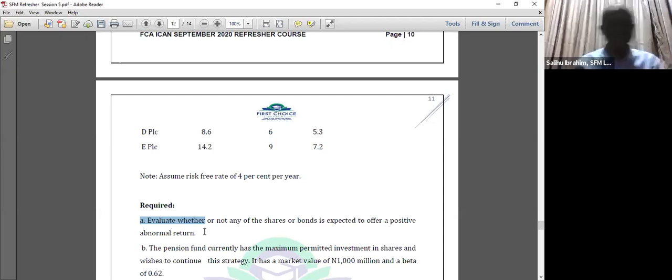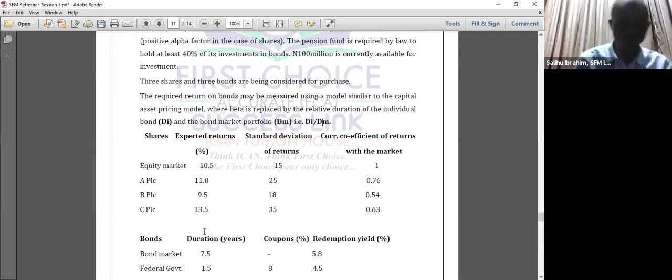Now, in question 2, we were given beta free of charge. We need to compute that beta. How do you compute beta? Let's go to the question and see. If I want to compute my beta, I have the standard deviation of the security and the standard deviation of the market.